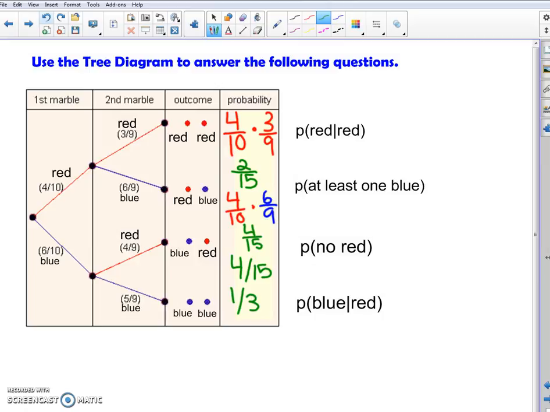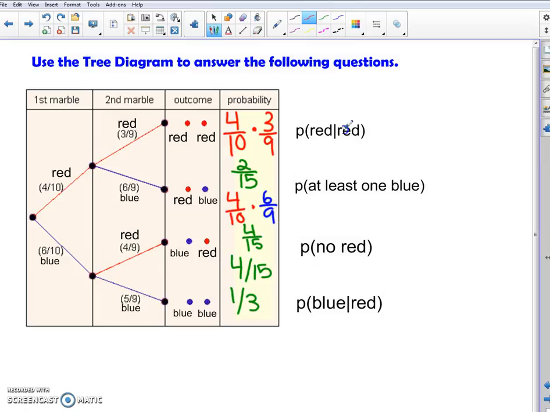Now on the right, the first one says probability of red given I've already picked red. That's not asking about both picks. So this answer is not going to match this first one. Because this first answer that I'm circling up here with a pen is asking probability of picking a red and a red in a row. It wants to see both. This probability of red given red is just asking about that second pick.